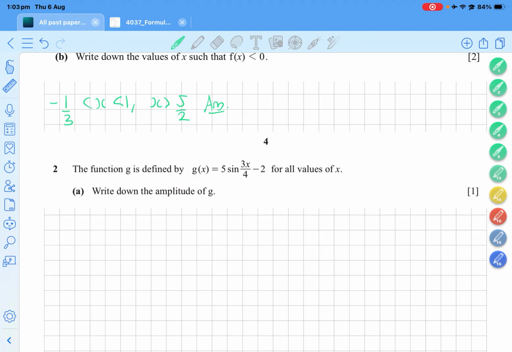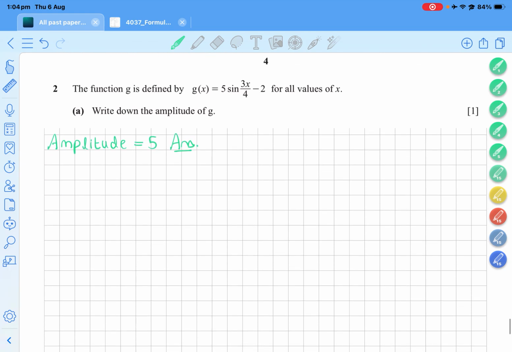The function g is defined by this for all values of x. Write down the amplitude of g. The amplitude will just be this value, which is 5. That's the amplitude.